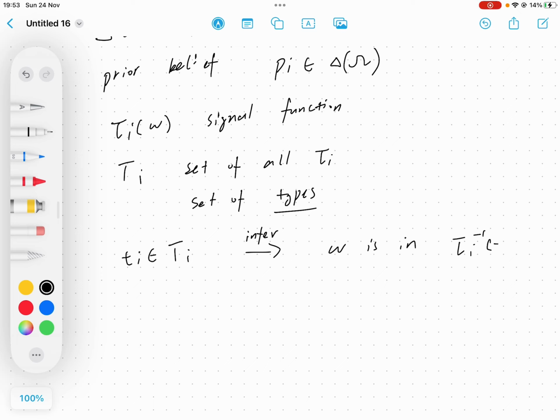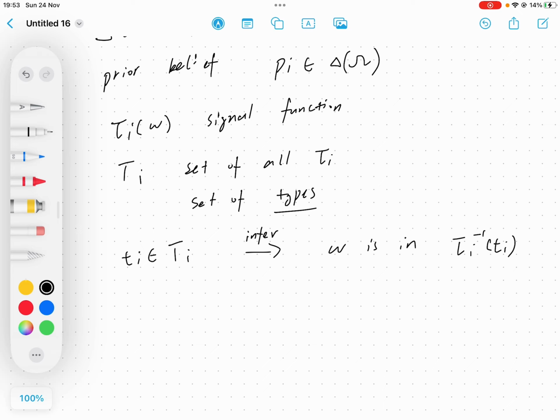When the agent observes some signal ti, it might come from the state omega, or it might come from another state. That's why this agent needs to infer the true state omega.